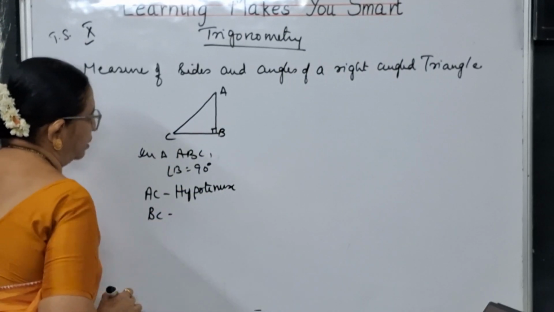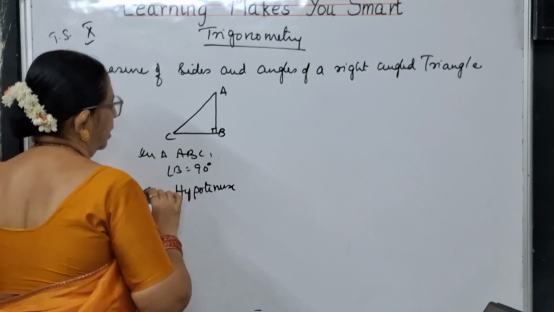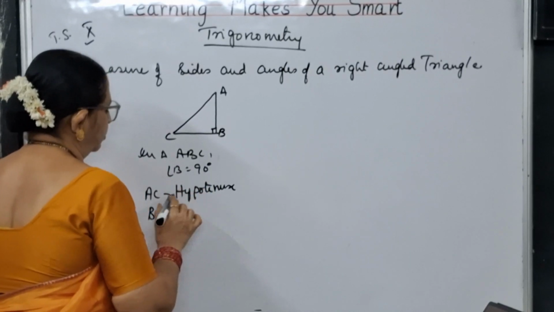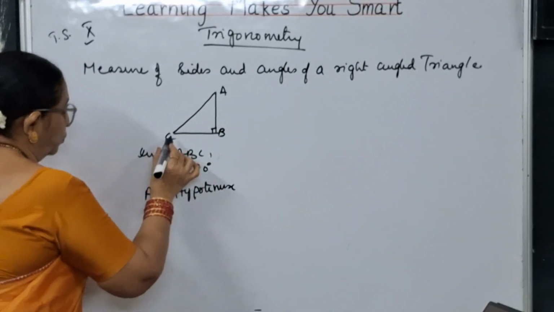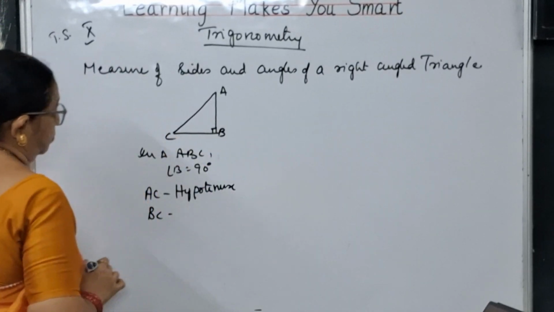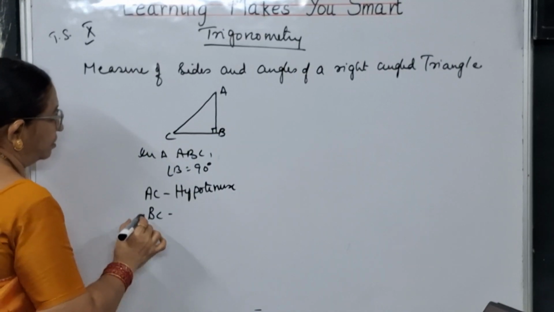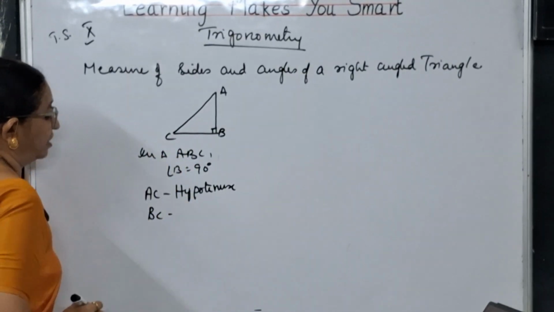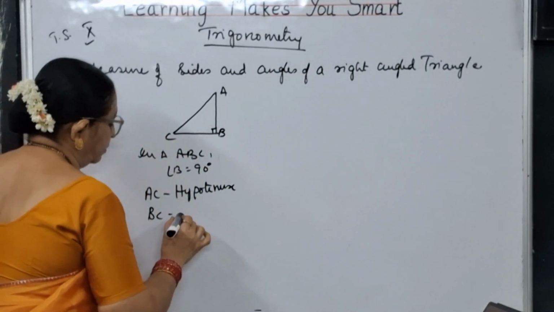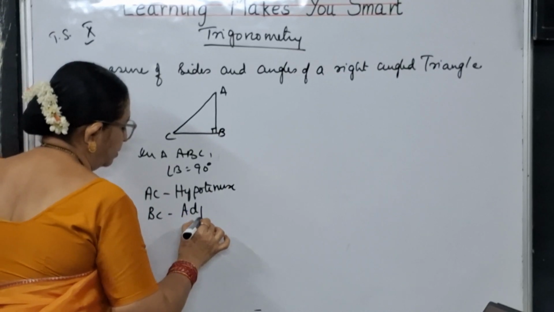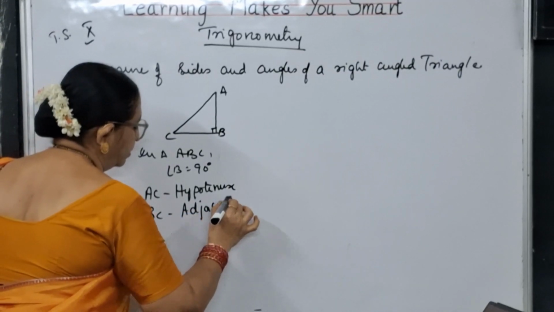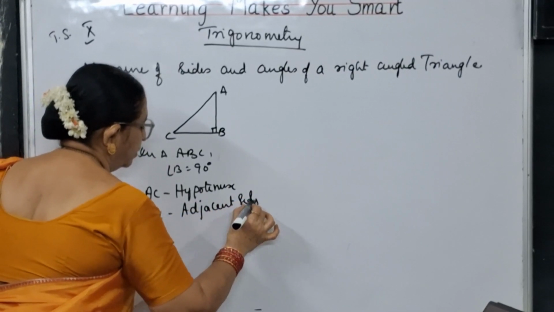And BC, when I am talking about angle C, BC is considered as the adjacent side.